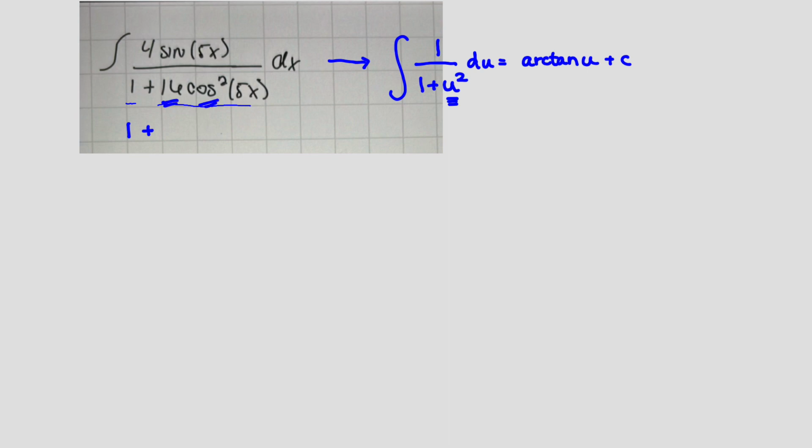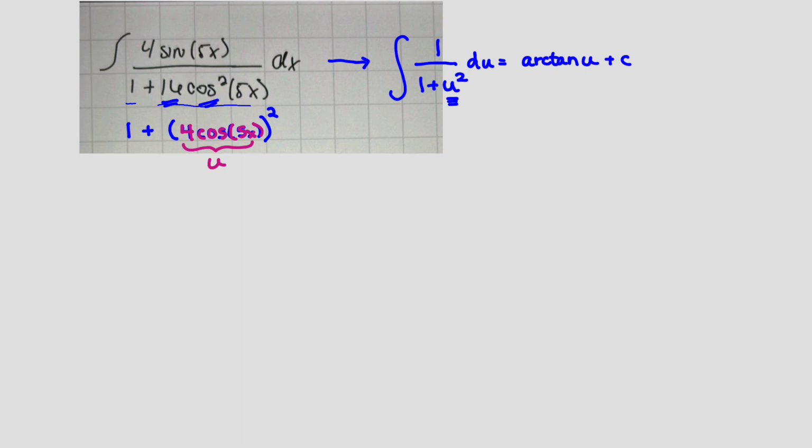Both 16 and cosine squared are squares. In fact, if I take 4 times the cosine of 5x and I square that quantity, notice that gives me 16 cosine squared of 5x. And that makes 4 times the cosine of 5x an excellent candidate for u. If I let that be u, well then the bottom becomes 1 plus u squared.